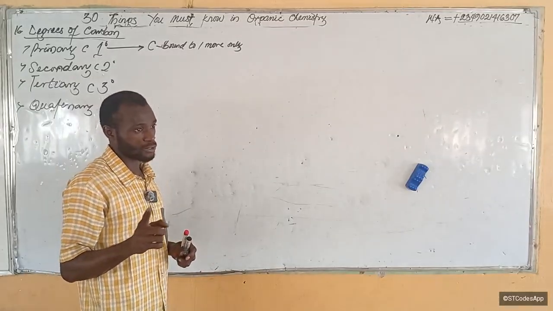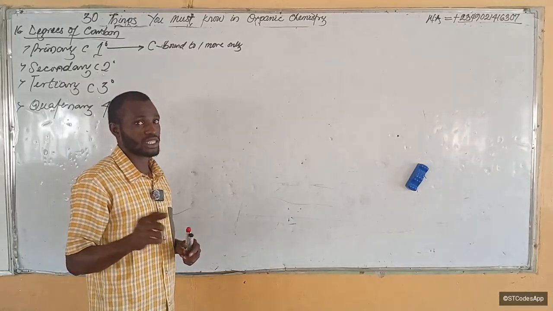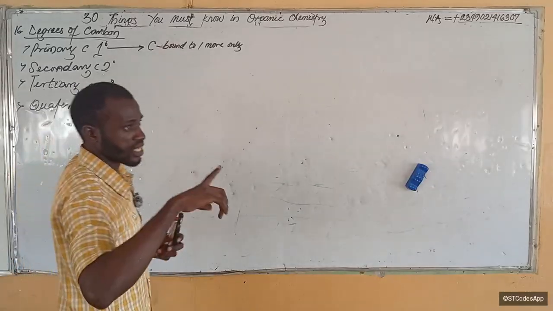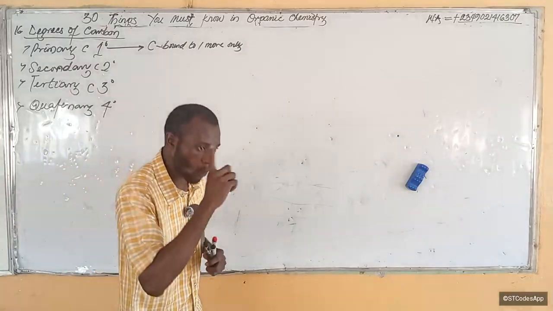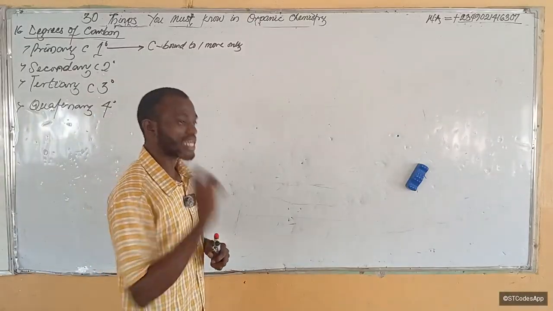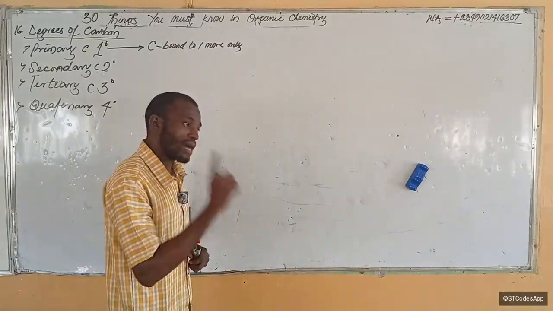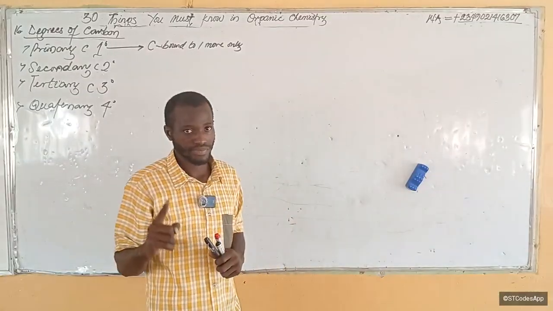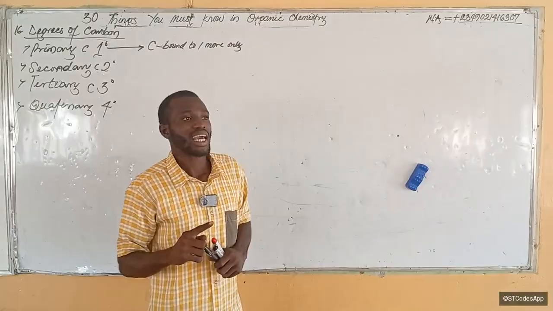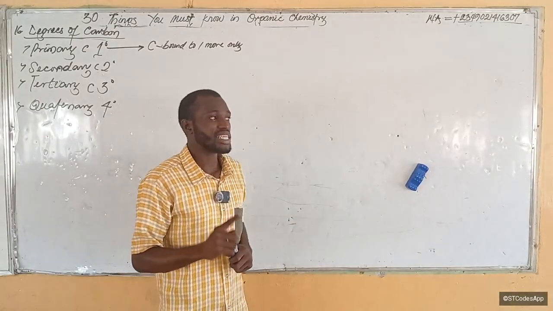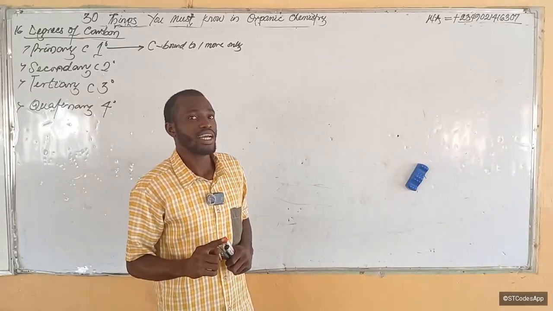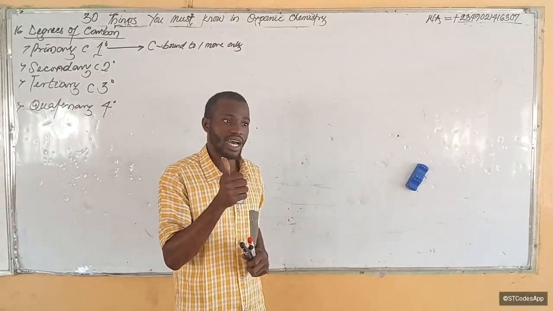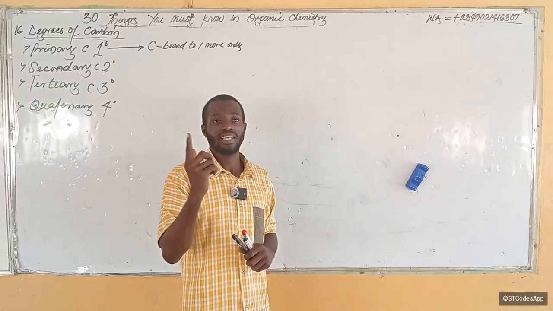I'm going to give you a question now, and you will understand what I'm trying to say. A carbon is primary if it is attached to 1 carbon only, then the rest are hydrogens. Or a carbon is primary if it is attached to 1 substituent and every other thing is hydrogen.